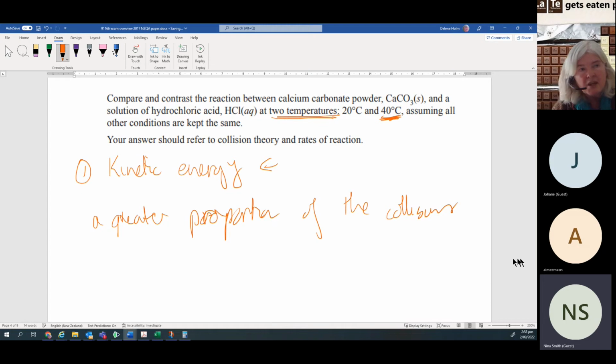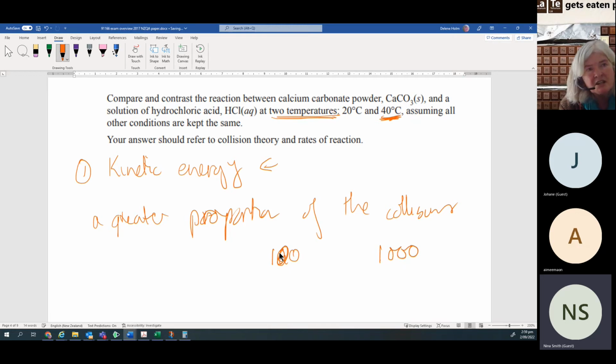are successful. So I always use an example of, say we've got at say 20 degrees, we've got 20 collisions, and I'll make it 100 because it's always easy to start with 100. So it's 100 collisions, but at 40, because they're moving faster, we have 1,000 collisions. So that's just general collisions.